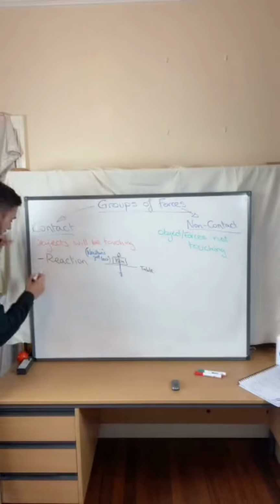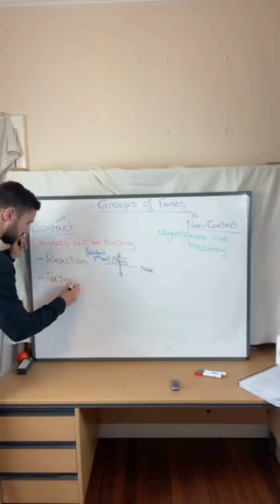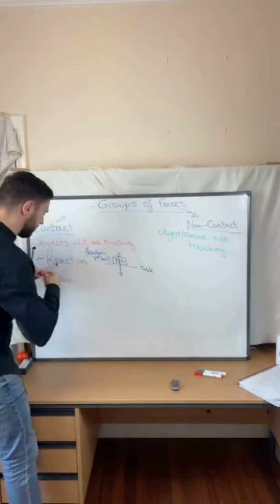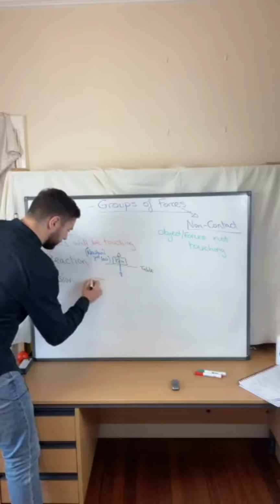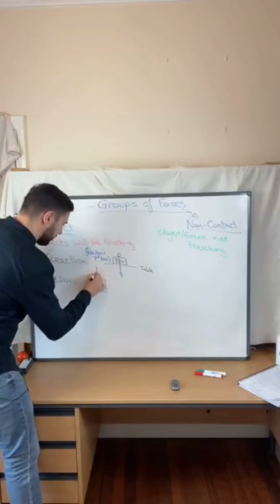The second one that we have is tension. And someone was asking about tension a while ago. So similar enough idea here. You might have a box, and you're going to have some sort of a rope or a cable pulling it up.